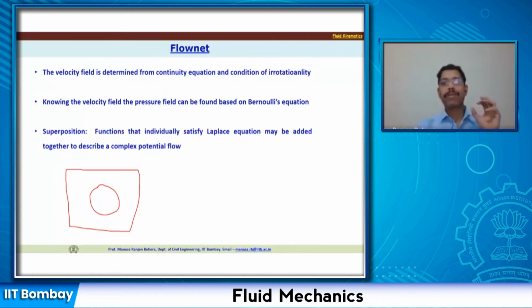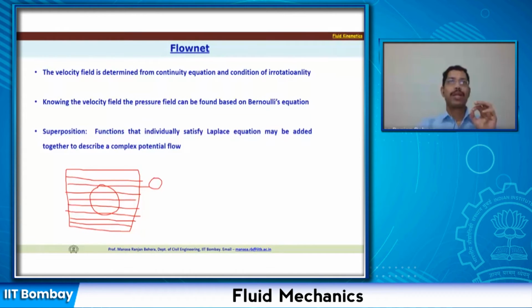If I am solving for the phi function, I will use the phi function first to solve the flow completely in the domain that is here, the rectangle. So I have a phi function, let us say phi1. Now for the circular domain, that's the island, I will again solve the phi function, and this may be phi2.